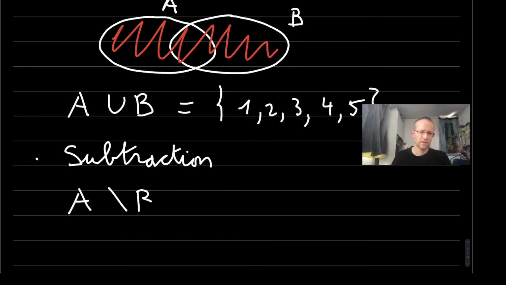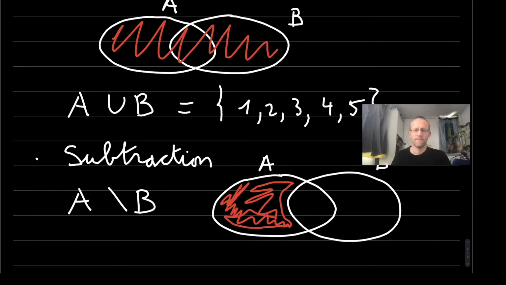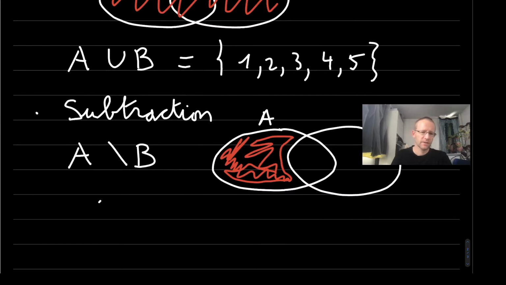A minus B is the collection of all elements in A that don't sit in B. Again, in our example, we find that A minus B is the set with the elements 1 and 2.